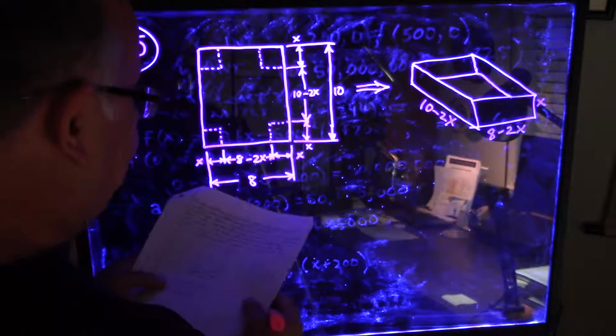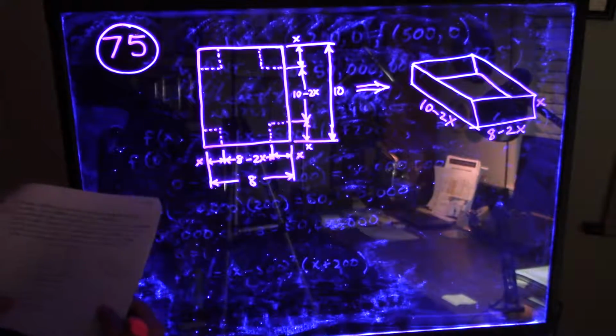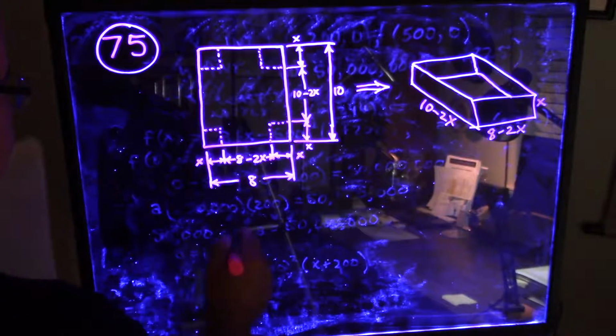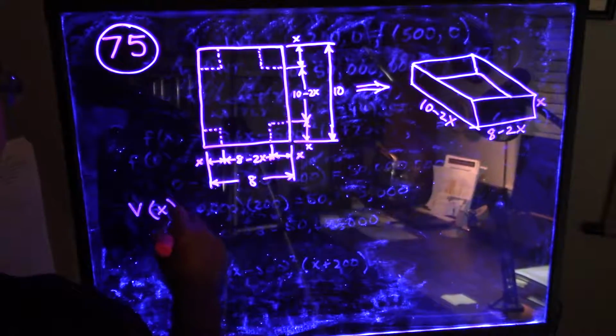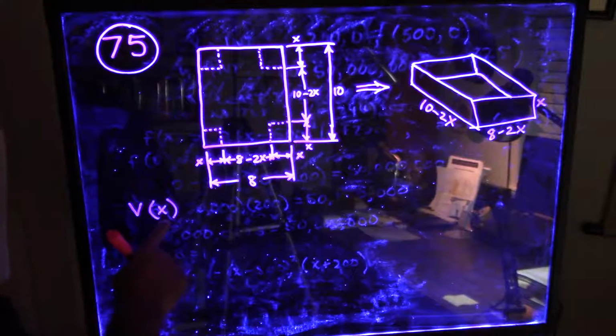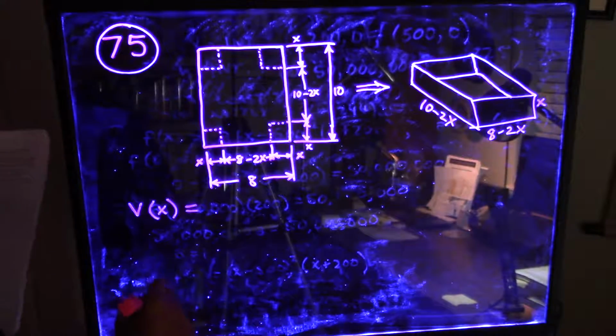Okay, so the volume of this three-dimensional box is length times width times height. So we'll call the volume function V of x for volume. In terms of x, they said. In other words, they want x's in the formula. All right, and that's what we're going to give them.